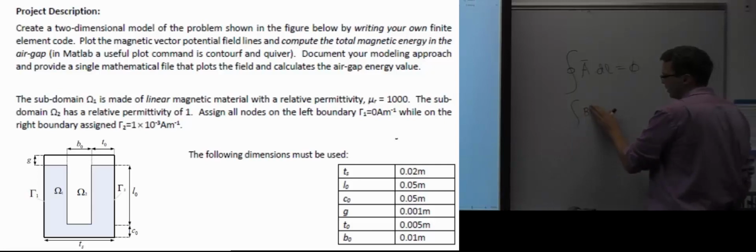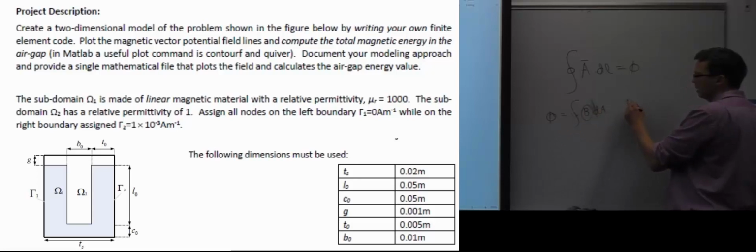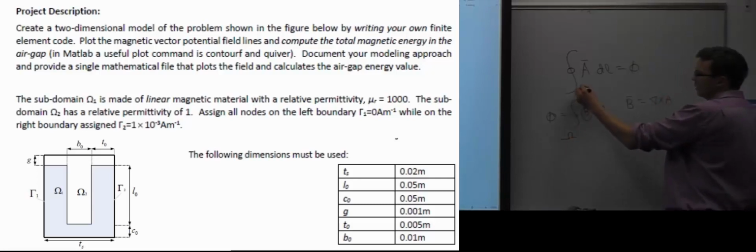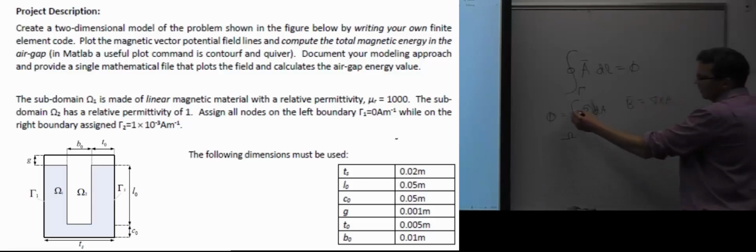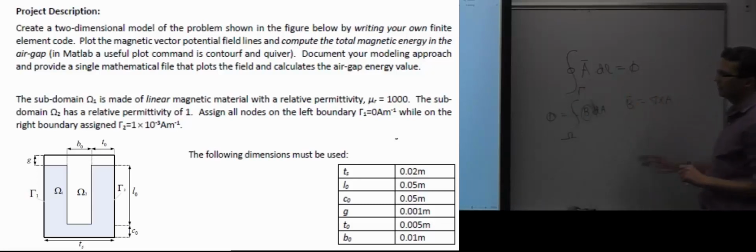Remember, if you integrate the magnetic flux density over an area, that will equal the flux. And so you can replace the B with del cross A, and then using Stokes' theorem, it results in having a line integral.